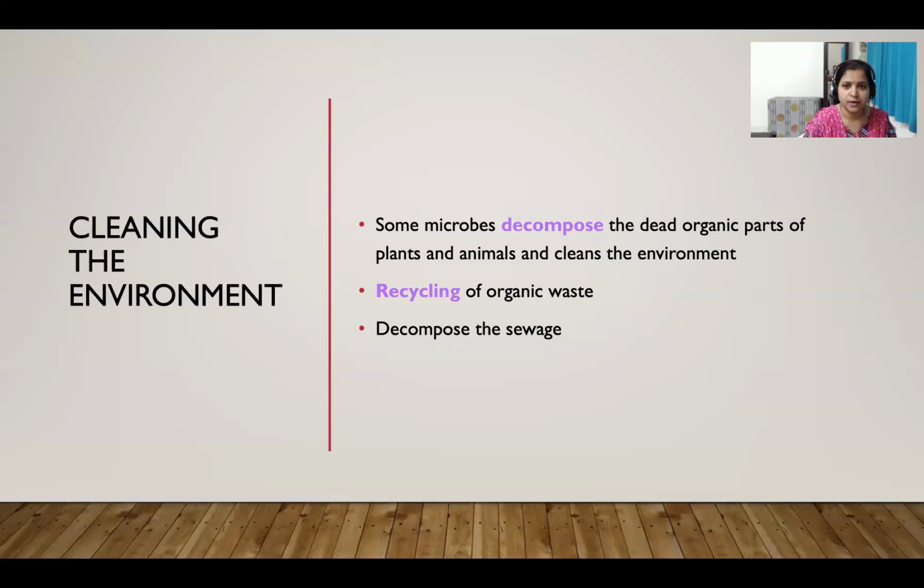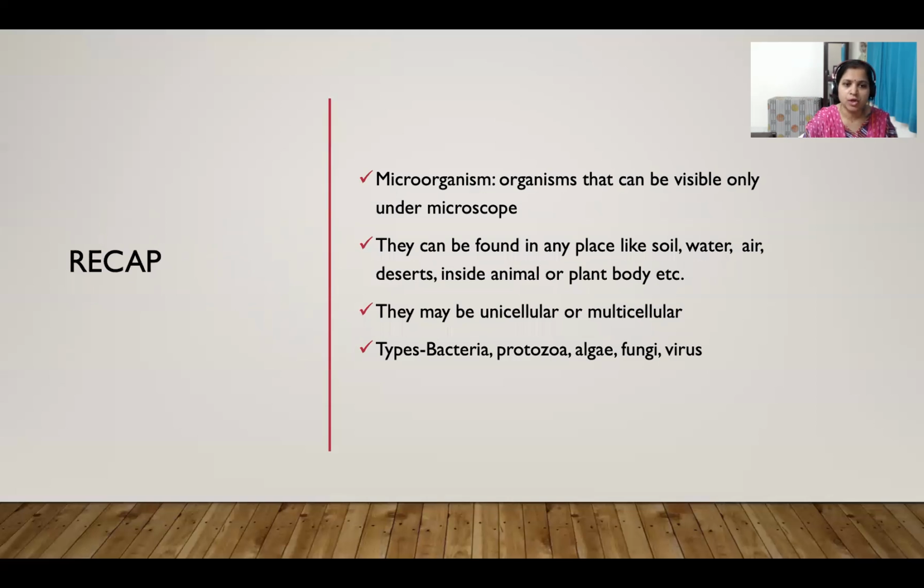Okay, so this is all about today's session. Let's have a quick revision. Microorganisms, organisms that can be visible only through a microscope, are called microorganisms, and they can be found in soil, water, air, desert, inside animal or plant bodies, and they may be unicellular, they may be multicellular.